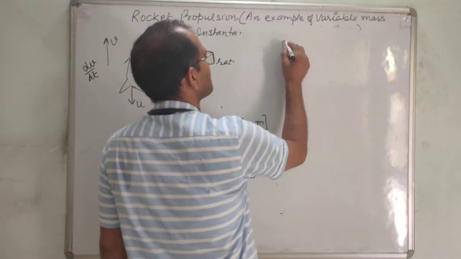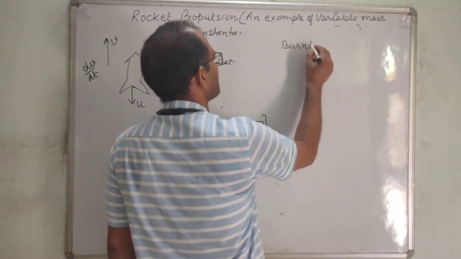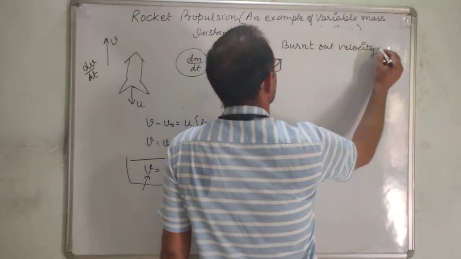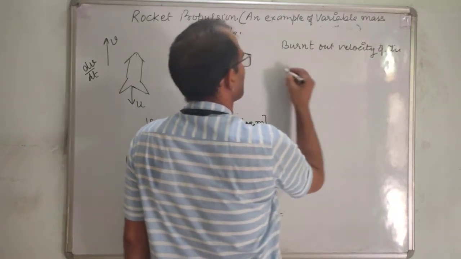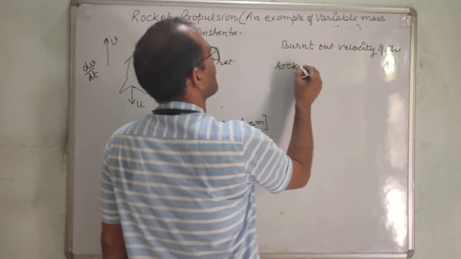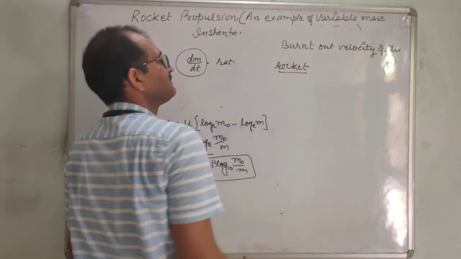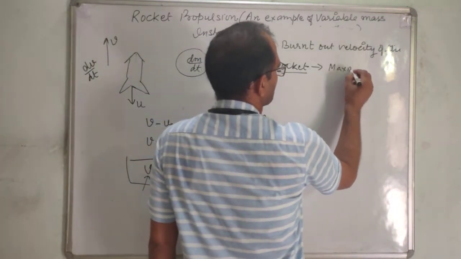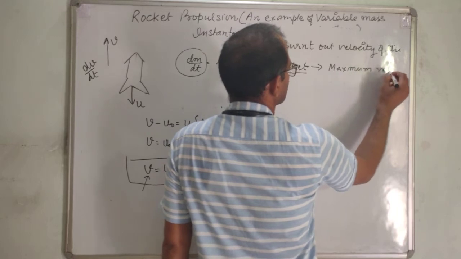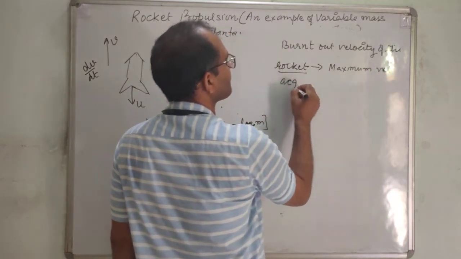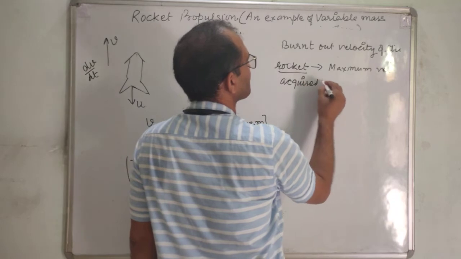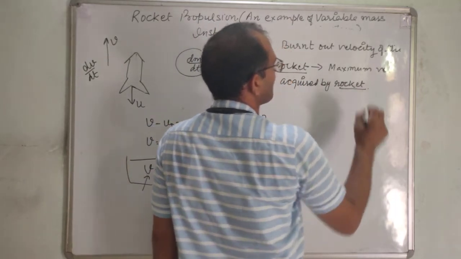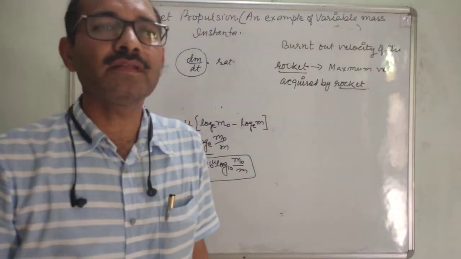Burnt out velocity of the rocket means this is the maximum velocity acquired by the rocket.